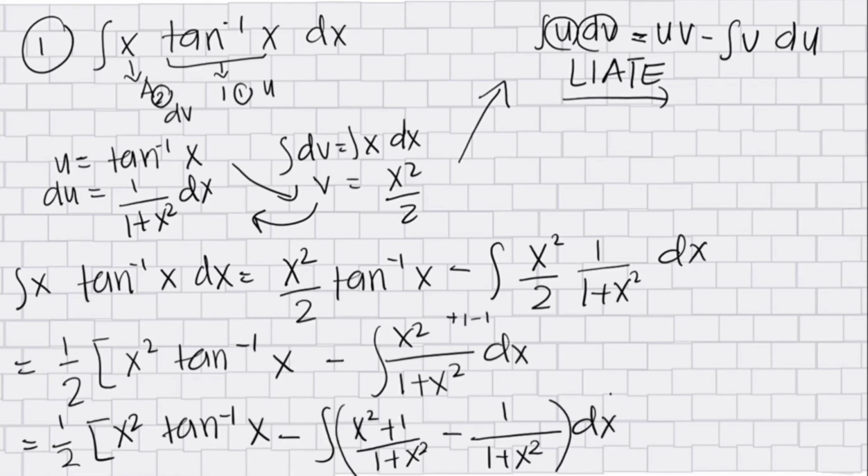So we got this one, and then we can cancel out the first fraction, which is x squared plus 1 over 1 plus x squared, and then we integrate 1, we get x. And then we integrate 1 over 1 plus x squared, we get arctan x.